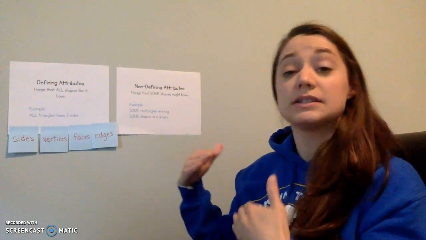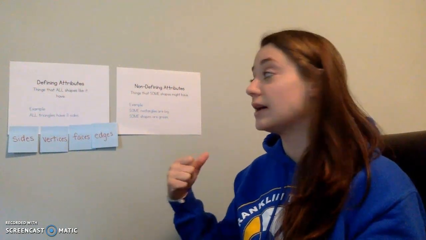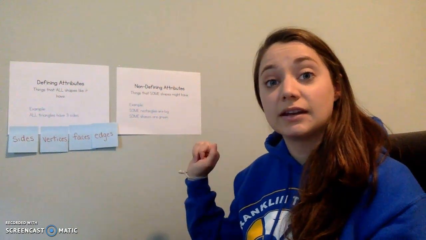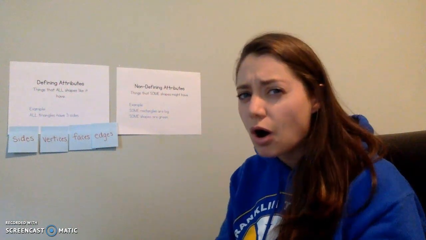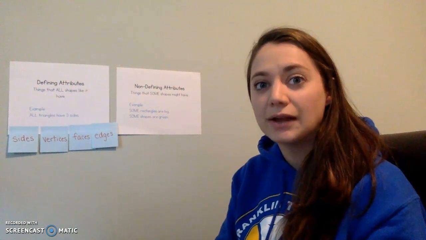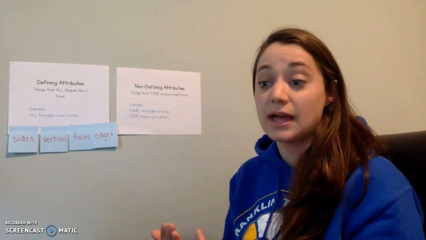So one non-defining attribute of a certain rectangle might be that it's big, the size of it. Another example says some shapes are green. We know that, right? There are some green shapes out there, but are all the shapes in our world green? No, they're not, okay? It might just be one attribute of a shape that you have.